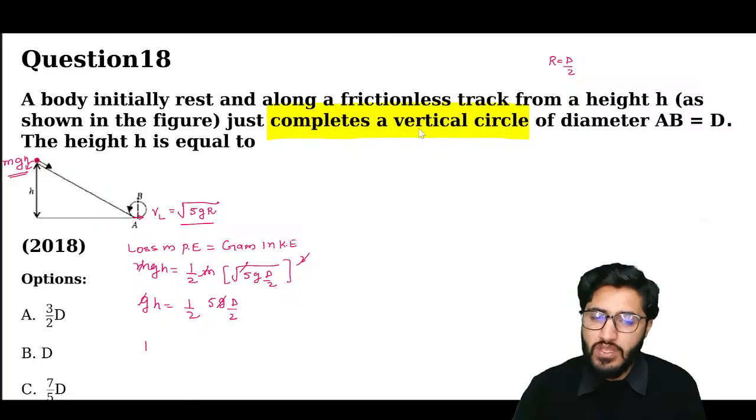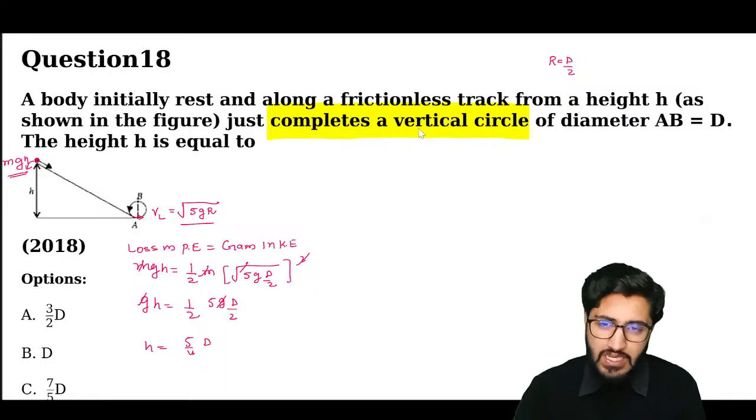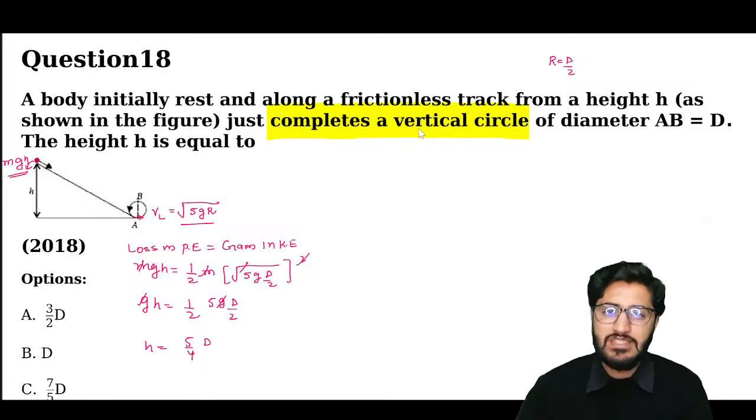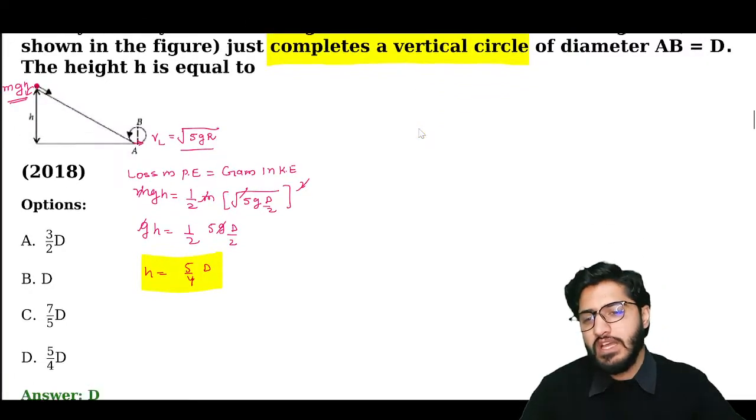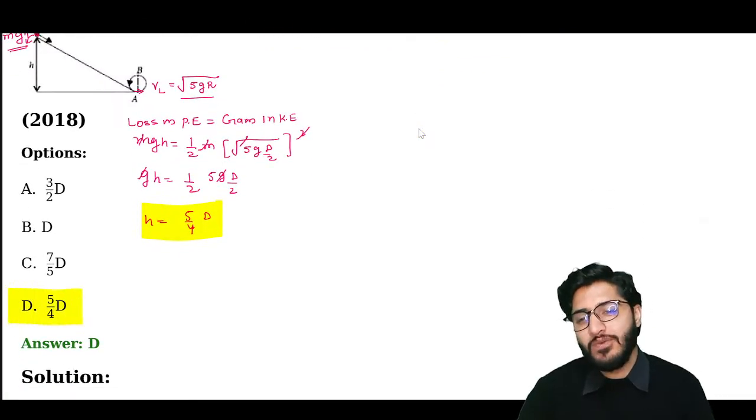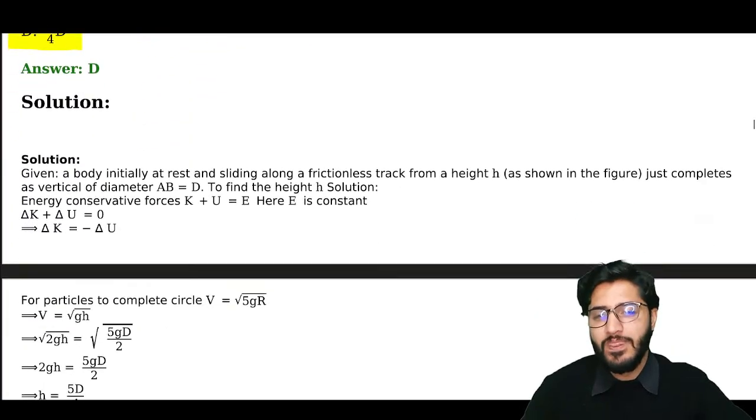I had to find h, so h is equal to 5 by 4 d. 5 by 4 d is my answer, option number D. Yeah, option number D is correct, and an easy one also, right?